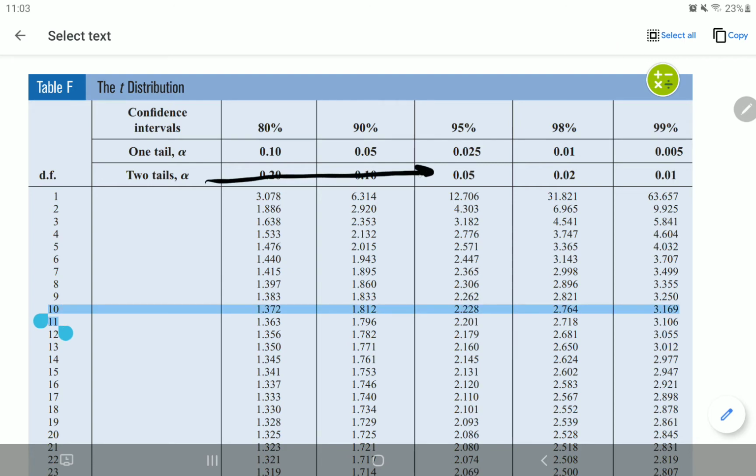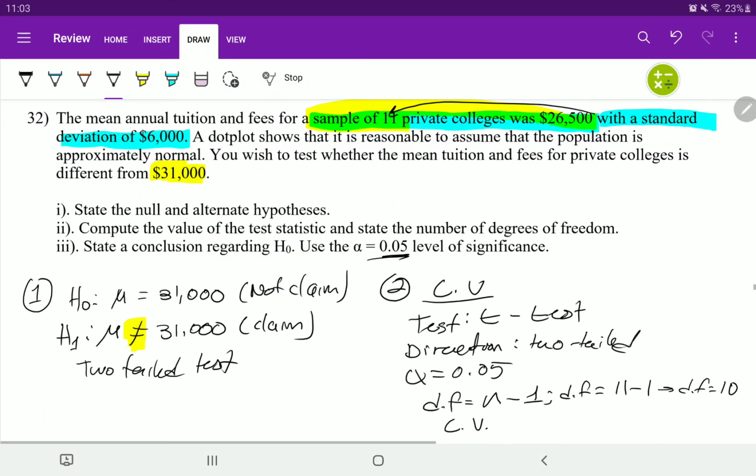Two-tailed 0.05. There goes the critical values. The critical values are negative and positive 2.228. Once again, what is a two-tailed test? You need both a negative and a positive value. So negative 2.228, positive 2.228.